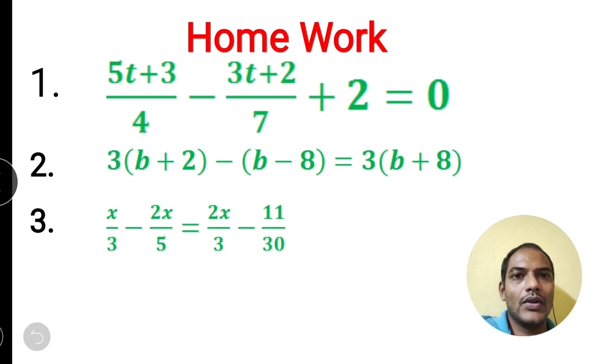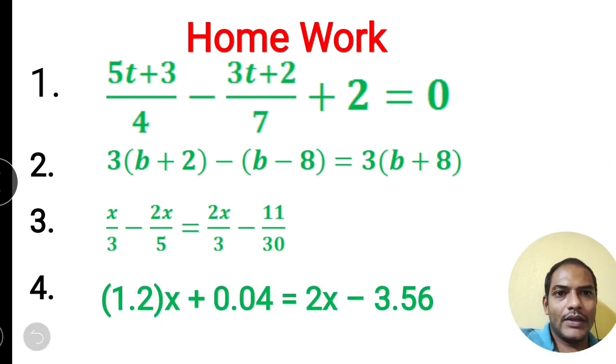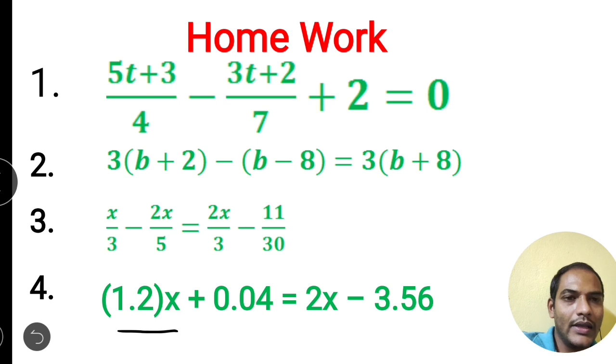Next, third question, x by 3 minus 2x by 5 equals (2x minus 3) minus 11 by 30. Next, fourth question, observe carefully: 1.2 into x plus 0.04 equals 2x minus 3.56.